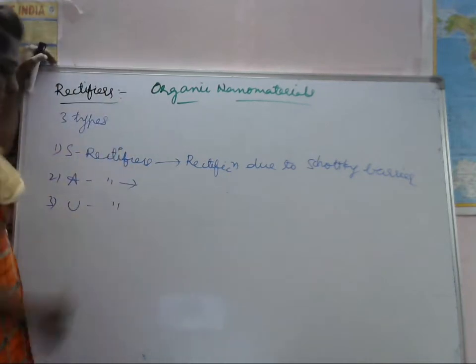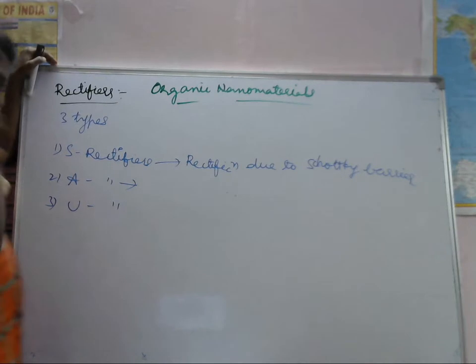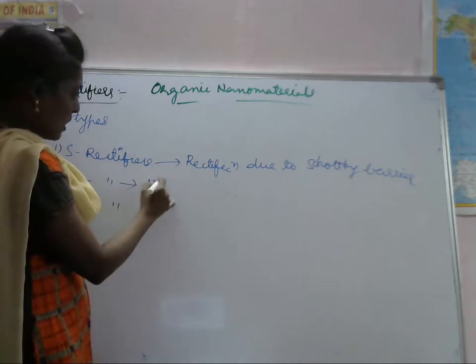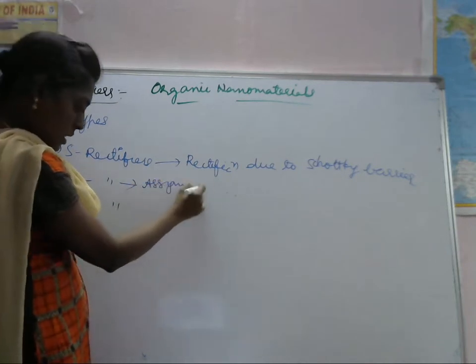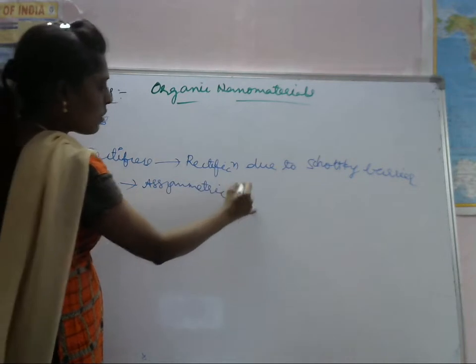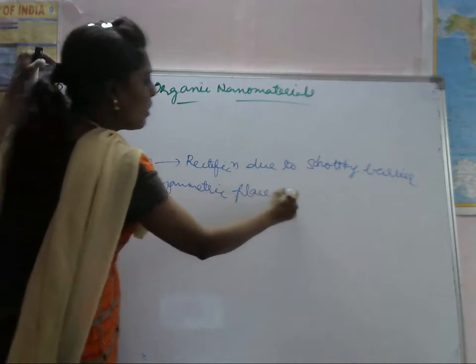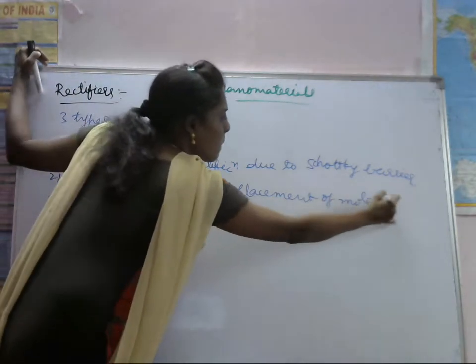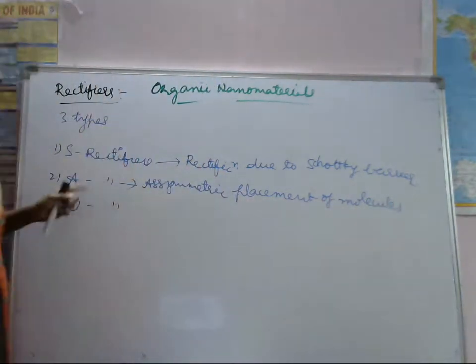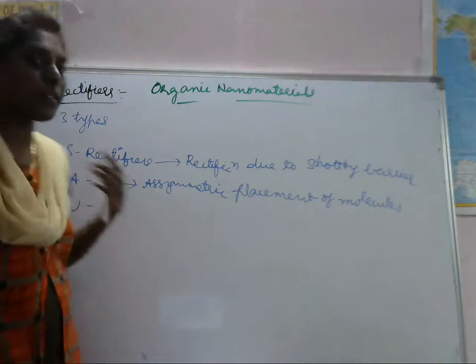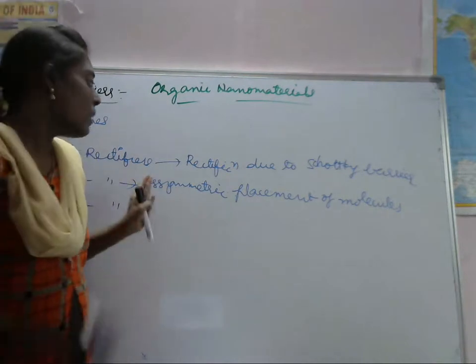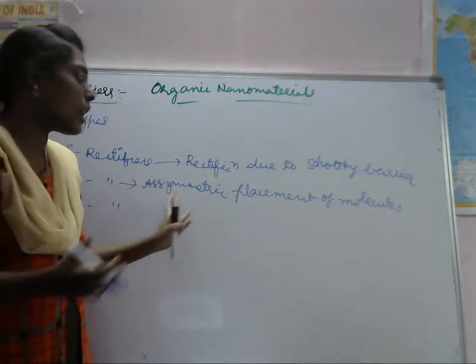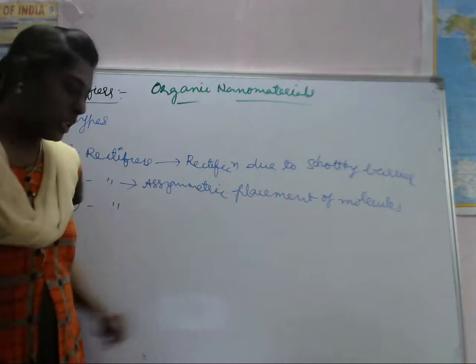If you see the A rectifiers, this is rectification due to asymmetric placement of molecules. Here, A rectification mainly occurs because of the asymmetric placement of molecules.